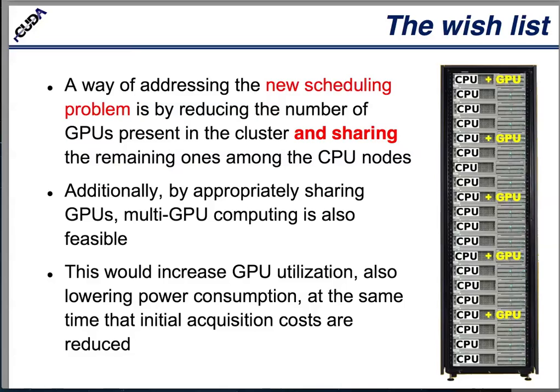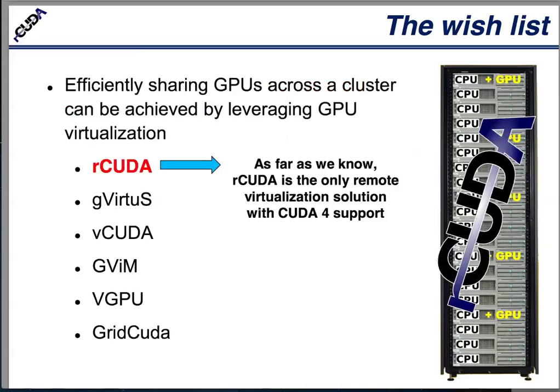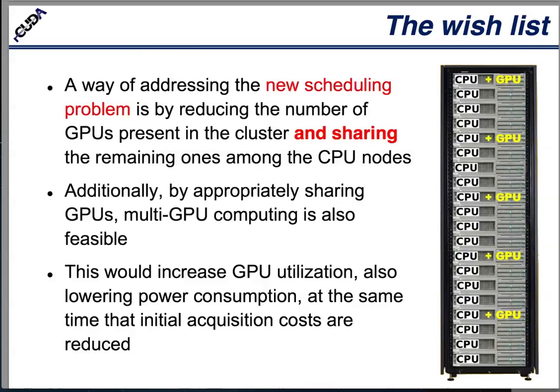So we can share the GPUs, and we can reduce two cost parameters: the initial cost of the cluster, and the energy cost of maintaining it.